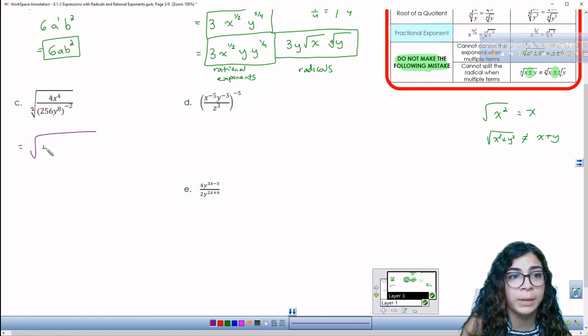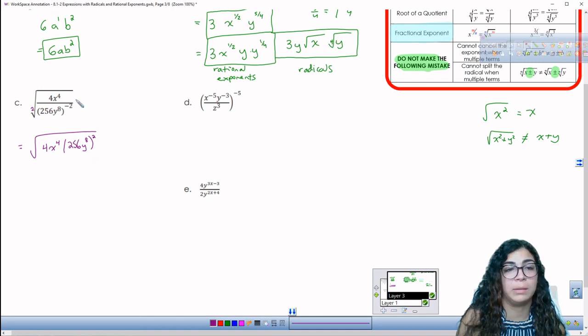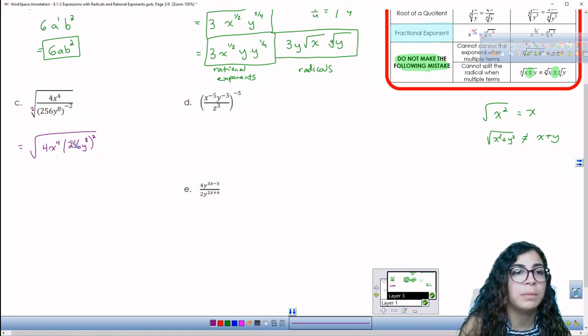It's all raised to the power of -2, so I'm just going to move the whole thing raised to the power of +2. And that means that there would be nothing left in the denominator, which is why I didn't keep any fraction there. Now, that power of 2 would then distribute to both of these.